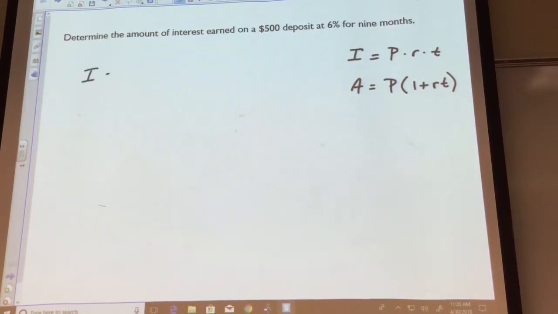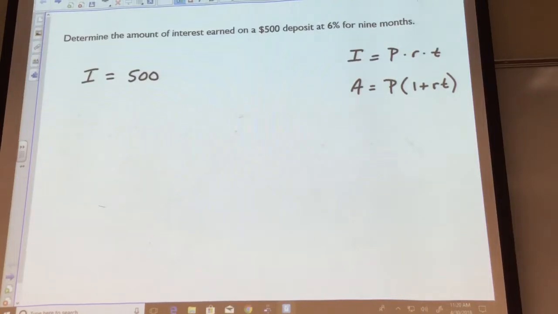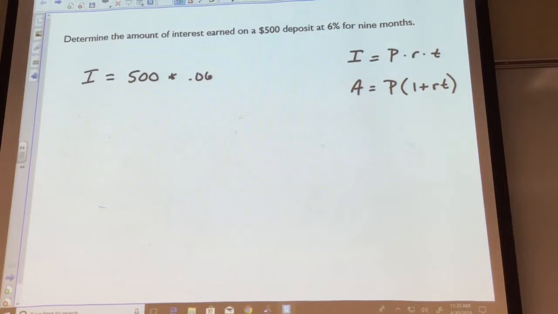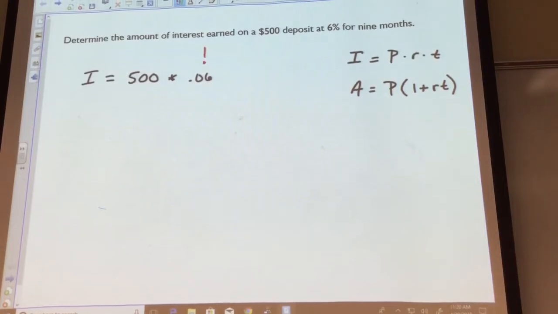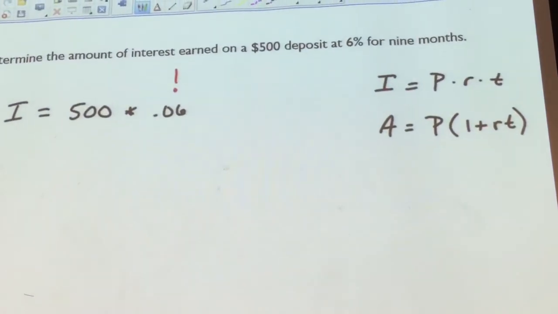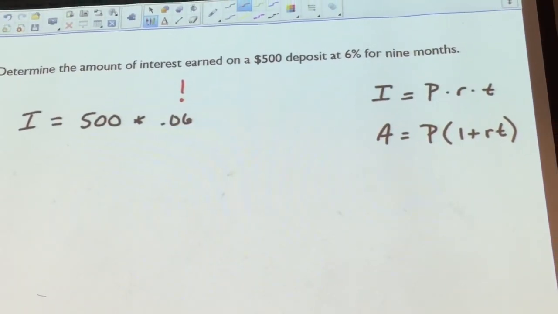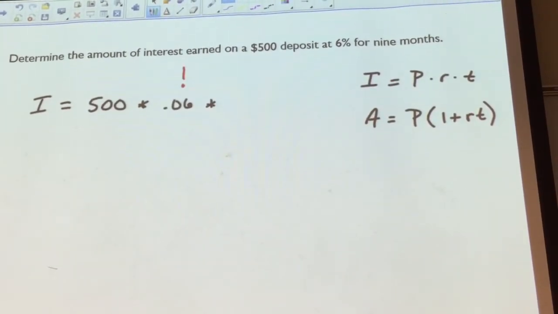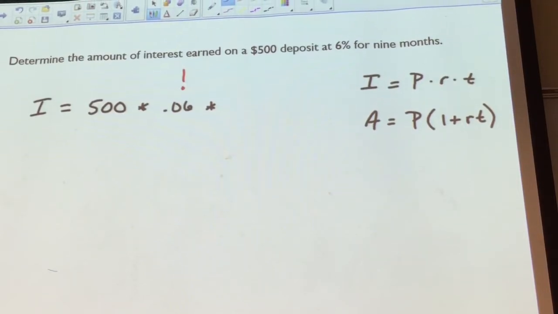So interest earned depends upon how much I started with, $500. What my interest rate was as a decimal, so we might want to be sure that we remember to put that into a decimal format, because if you just multiply it by 6, yeah, that's going to be a problem. And then your time factor in the exercise, which in this case was 9 months.